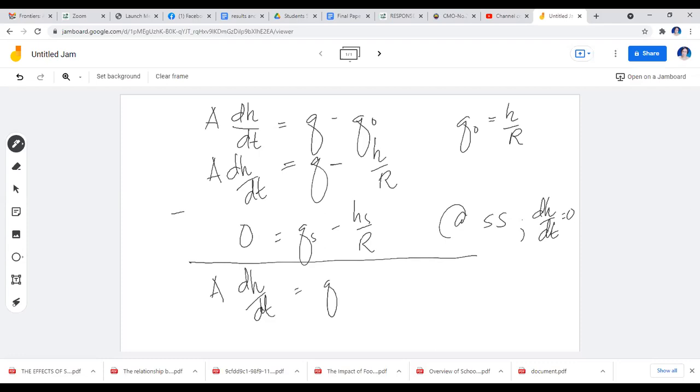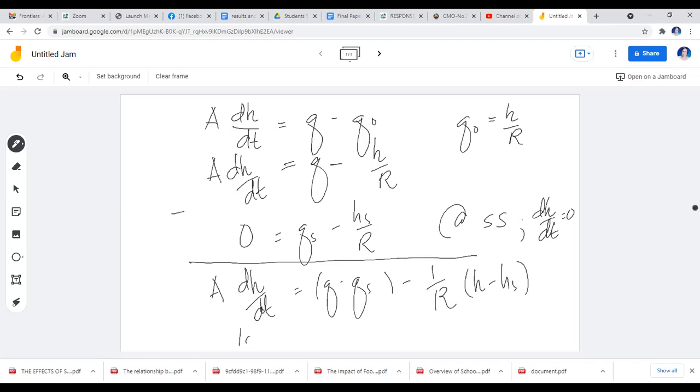equal to Q minus QS minus 1 over R. I'd like to factor out the common constant for the two that I need to subtract, the 1 over R, and I will have H minus HS. I think it's already forthcoming what I'm supposed to do in here because I already have deviation variables.